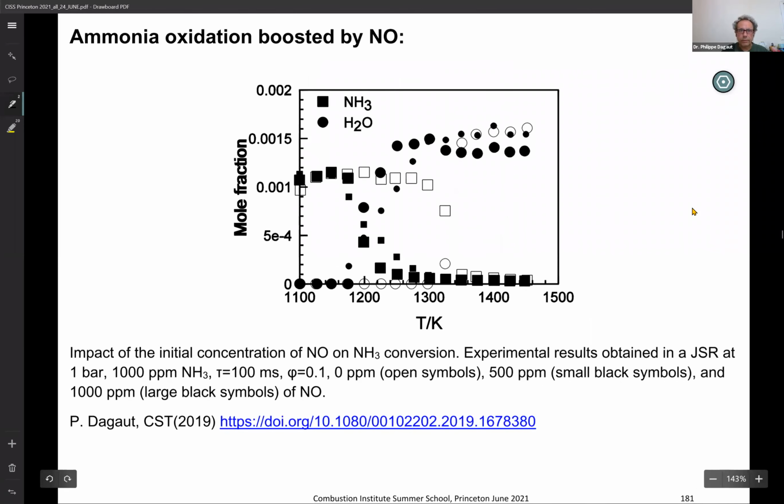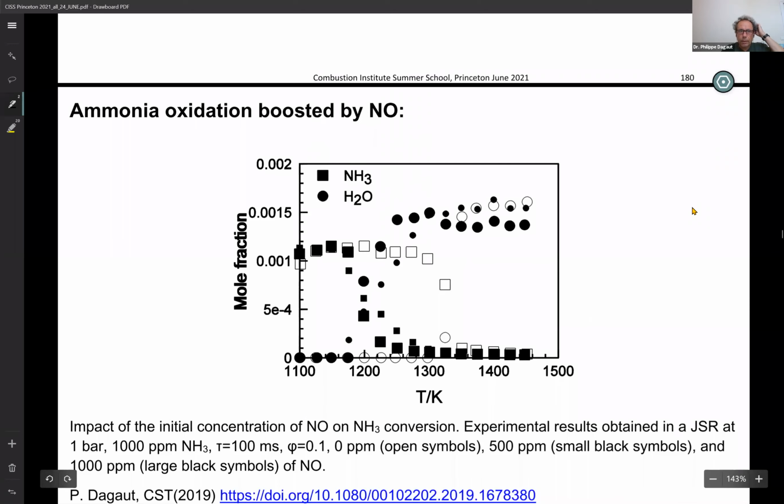What is interesting is that ammonia and NO interact when you oxidize ammonia. So we have two sets of experiments here. They were performed in a jet stirred reactor at 1 atmosphere. We have 1000 ppm of ammonia in fuel lean condition.